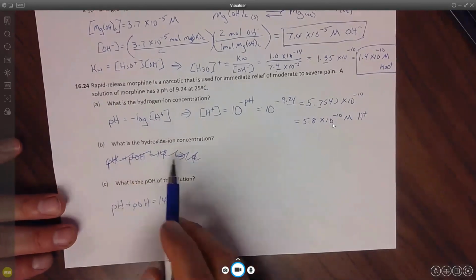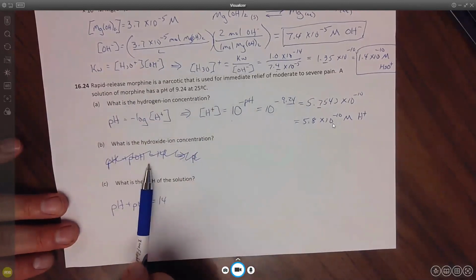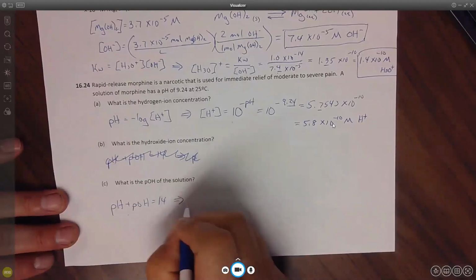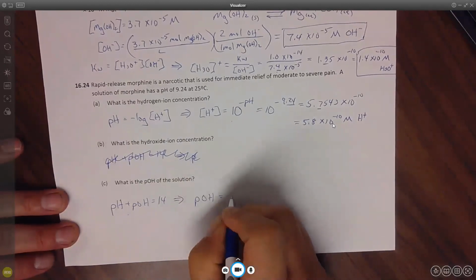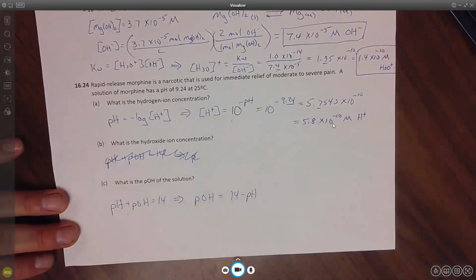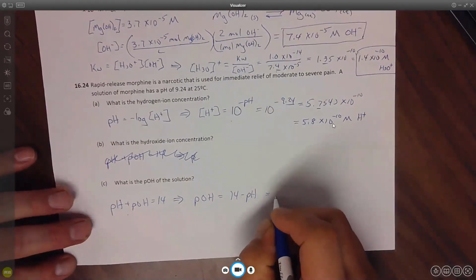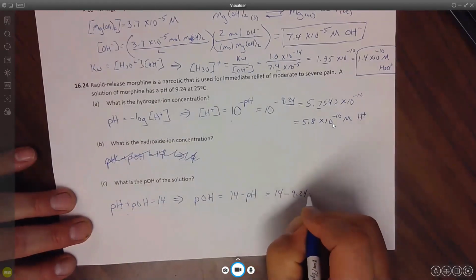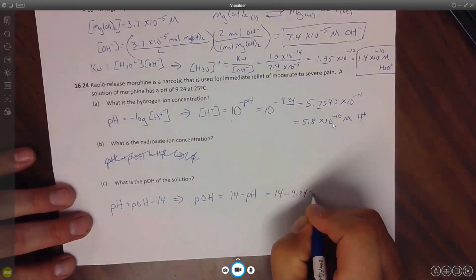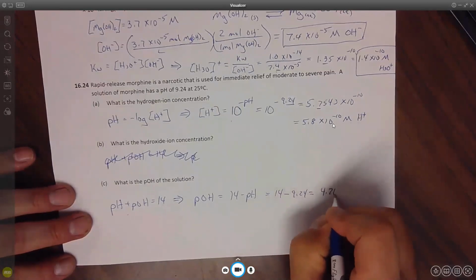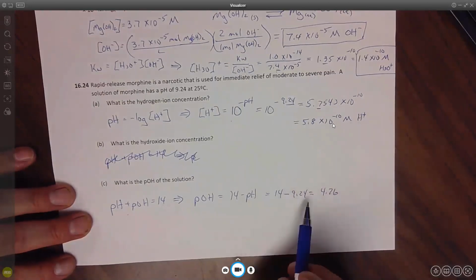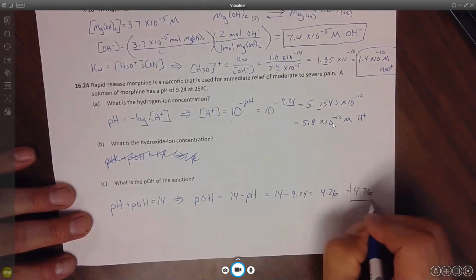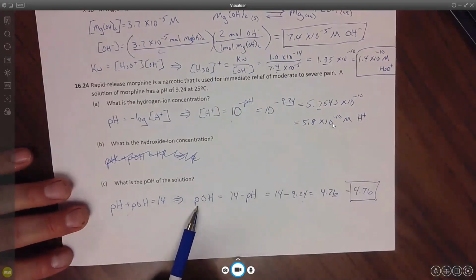Okay, so we could have done this to solve for here, but we could just take the pH plus the pOH is equal to 14, rearrange that and say that the pOH is equal to 14 minus the pH. So this would have been 14 minus the pH, which was given as 9.24, and that would have simply equaled 4.76. We're considering 14 to be exact, so your answer would have been 4.76. So that would have been the pOH.